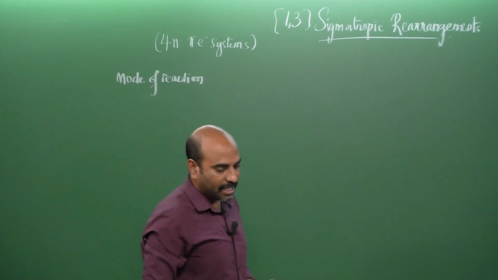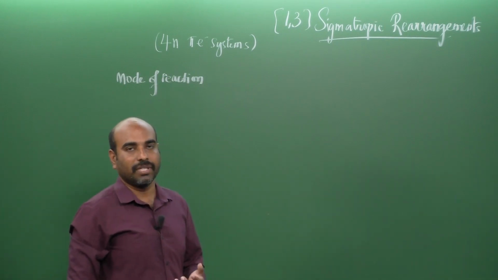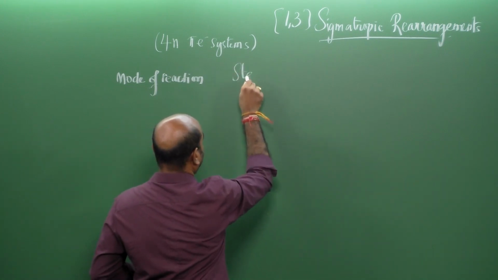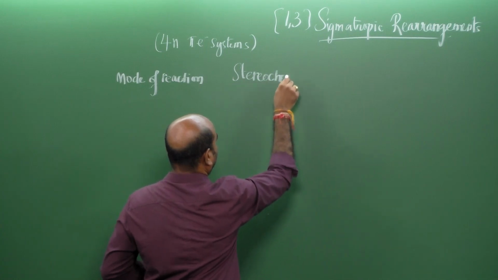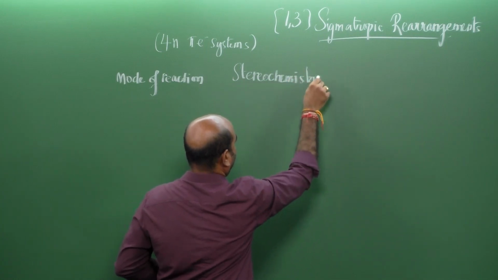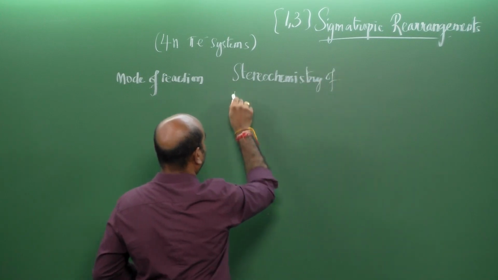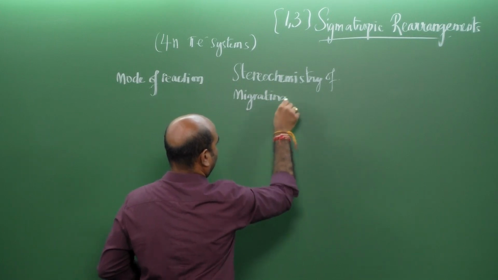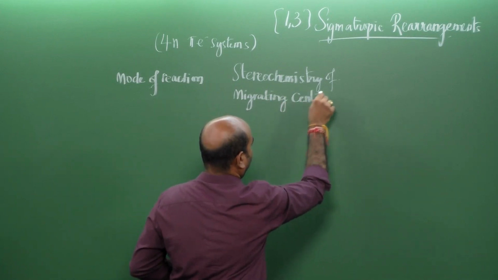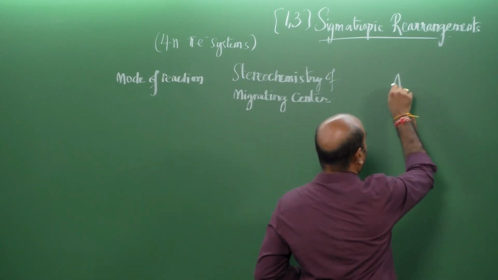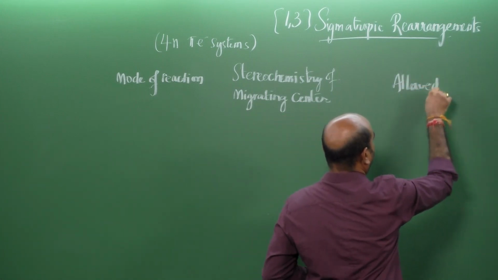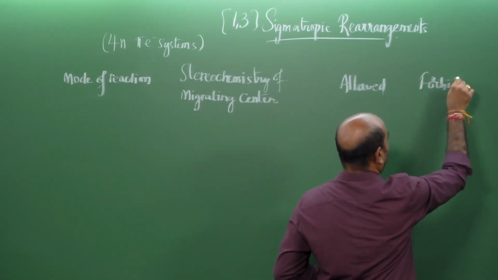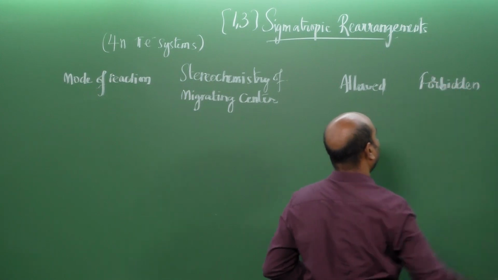And then if there is any stereochemistry involved in the migration center. So is it allowed under specific conditions or forbidden? So we will quickly see these things.